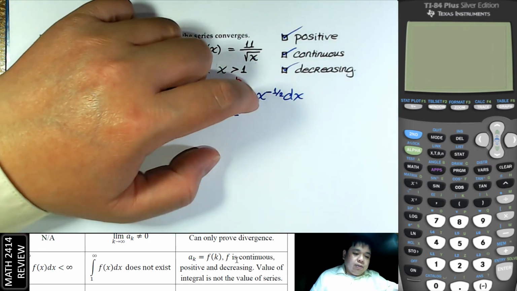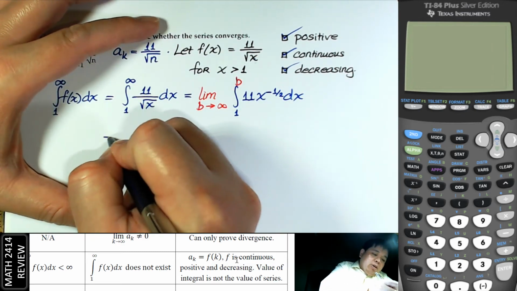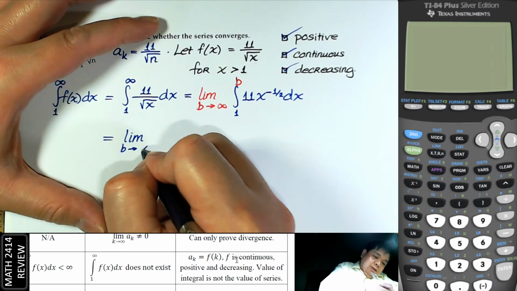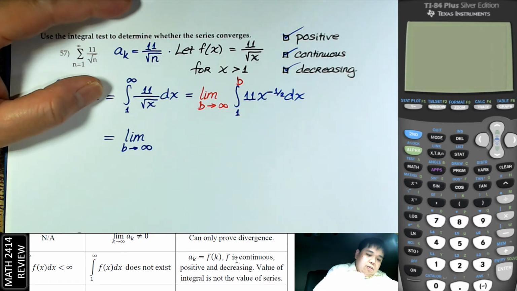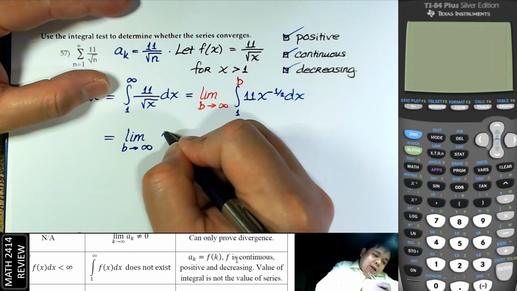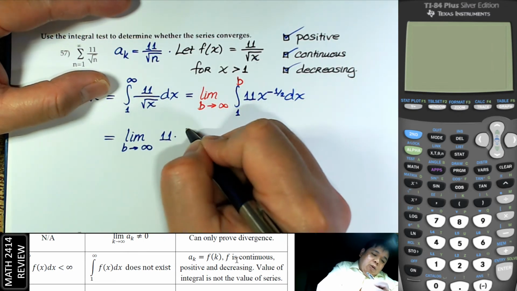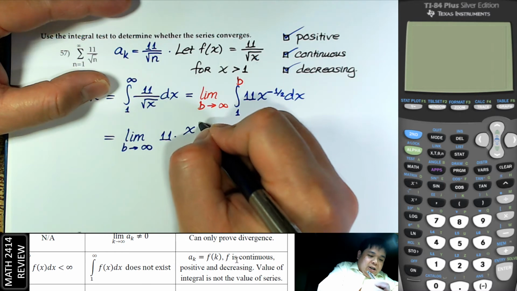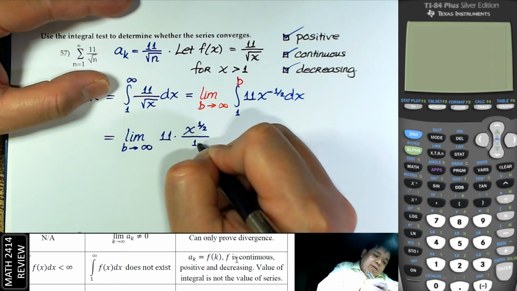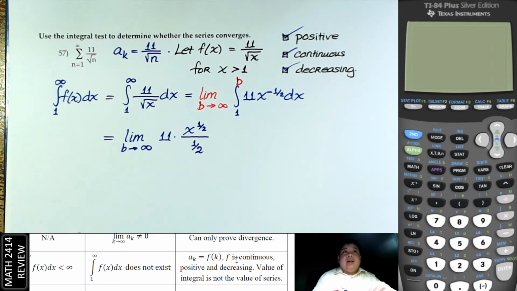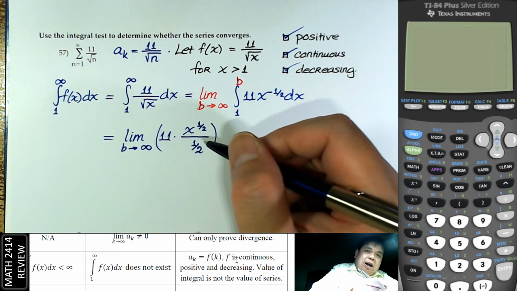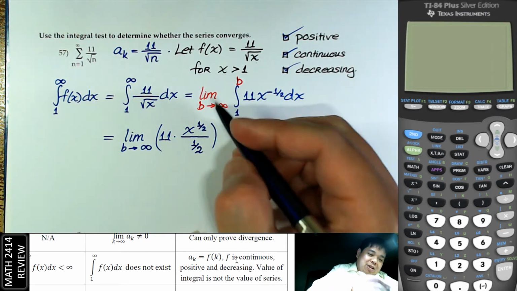Now, that's just a simple integral. x to the negative 1/2, so plus 1, negative 1/2 plus 1 is positive 1/2, over 1/2. Right? Negative 1/2 plus 1, and then divide by the same thing.